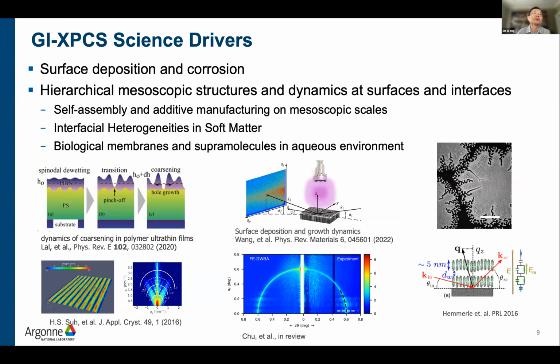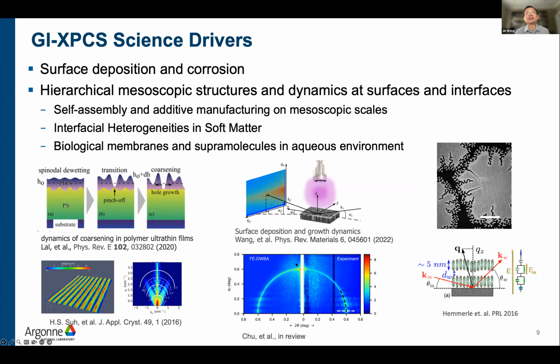Okay, so what can we do here, with this giant tube and the state-of-the-art beamline? A few things, like surface dynamics during surface deposition and corrosion. Here, Carl, this is straight out of your paper.